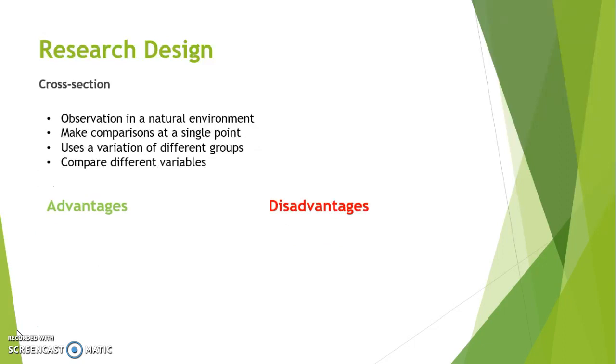Moving on to cross-sectional research design, and this is an observation in a natural environment. It makes comparisons at a single point. This is why it's called cross-sectional analysis, because it's done using a variation of different groups.